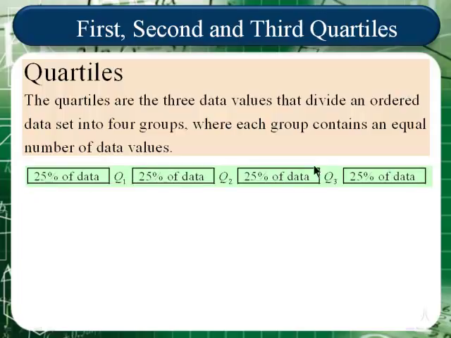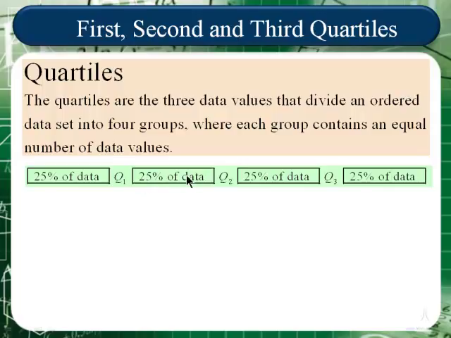So if you have your data set and you have Q1, Q2 and Q3, remember Q1 is percentile 25, Q2 is percentile 50 or the median, Q3 is percentile 75 or the upper quartile. If we focus on Q1, it means that 25% of the data lies below.